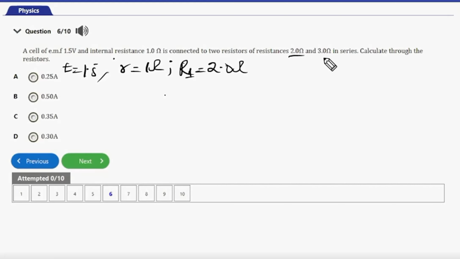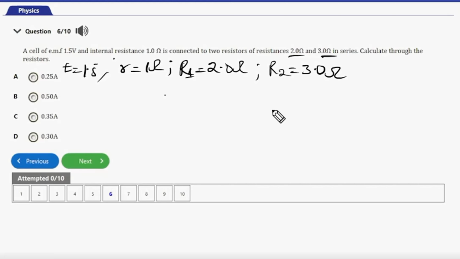So that's this and this. So we also have load resistance 2, which is 3.0. So actually what we are meant to calculate here is the current, because in your options you have seen these, so the question is not so clear. This should be calculate the current through the resistors.